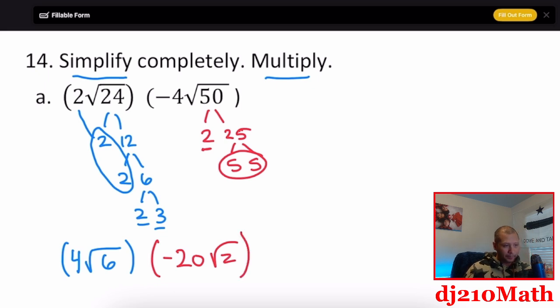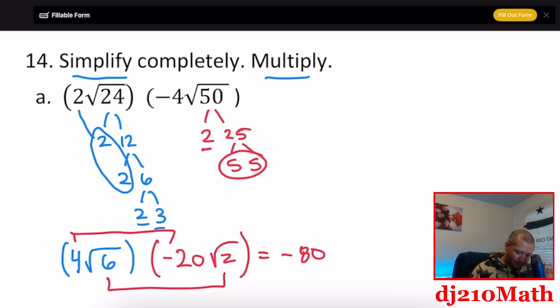Okay, now we can multiply. And this is easy because it's just outside times outside. 4 times negative 20, so negative 100, 2, 4, 6, 8. 80. And inside times inside. 6 times 2 is 12.